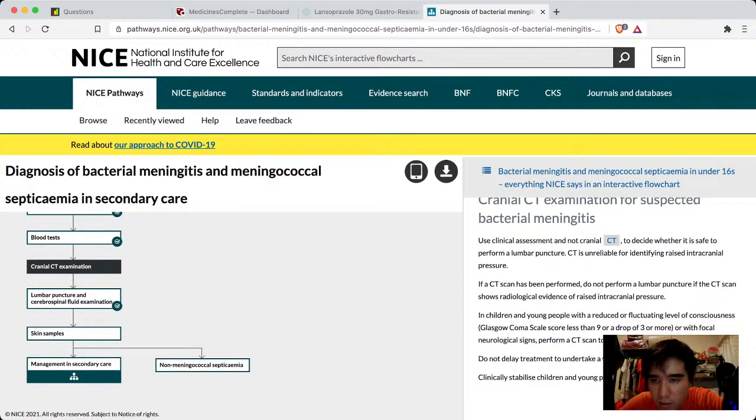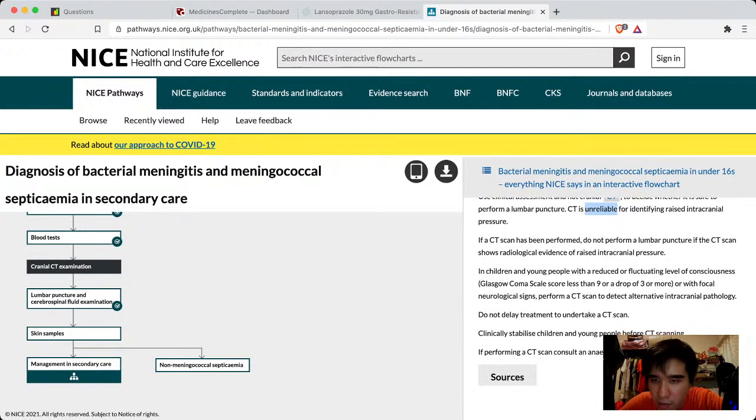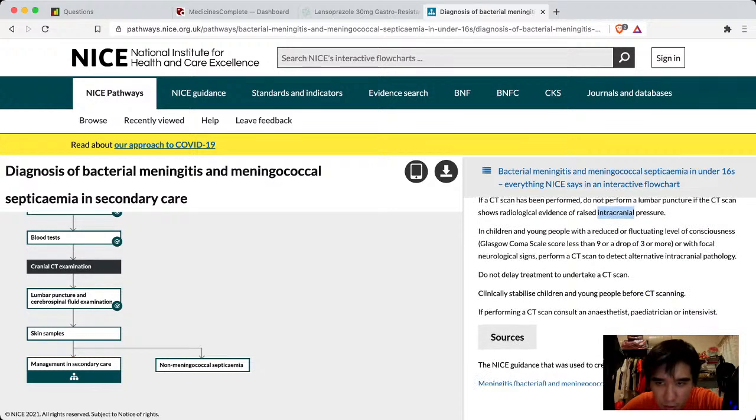CT. Use clinical assessment and not cranial CT to decide whether it's safe to perform a lumbar puncture. CT is unreliable. If it's performed, do not perform a lumbar puncture if the CT scan shows radiological evidence of raised intracranial pressure. Do not delay treatment to undertake CT.